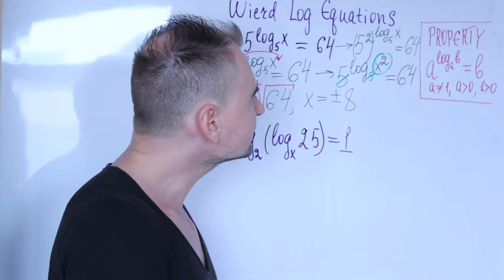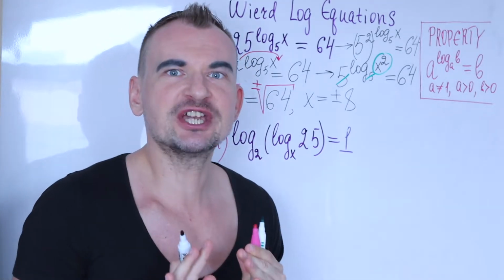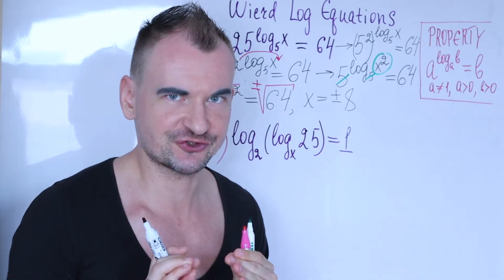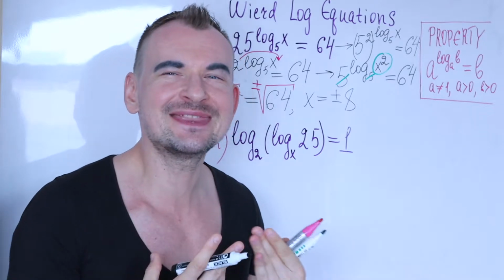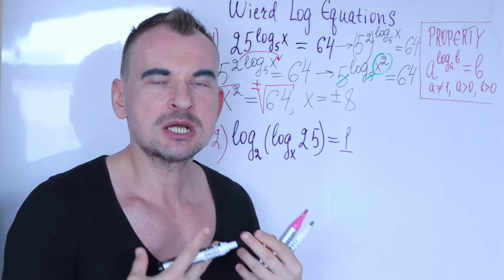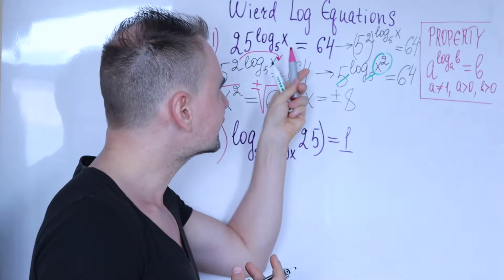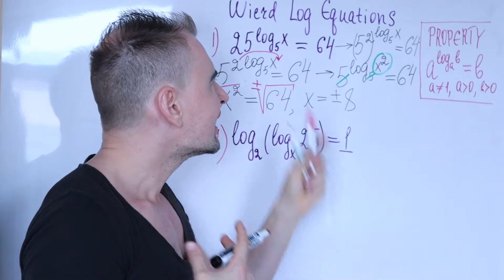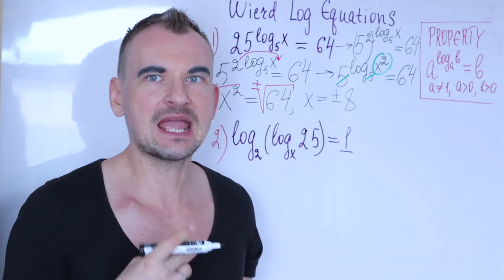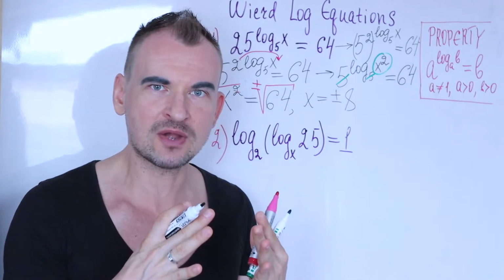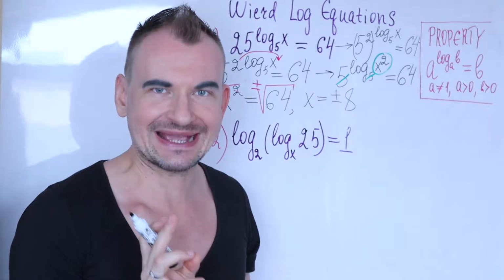Now, at this point, you have to check your solutions. You have to check your roots just by finding the domain of your original expression or original function. Look at this. Your x appears to be an argument of a logarithm, and the domain of a logarithm is only positive values for x.